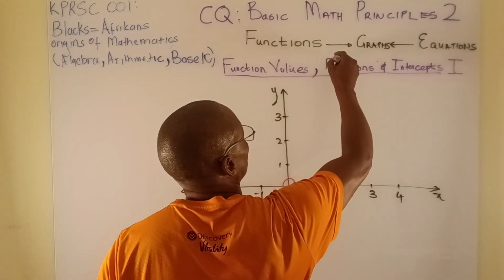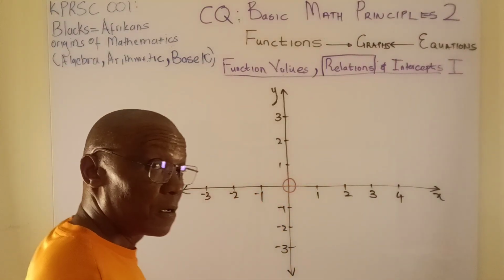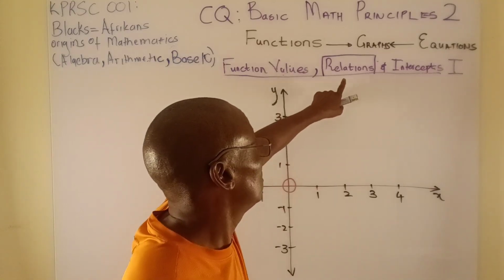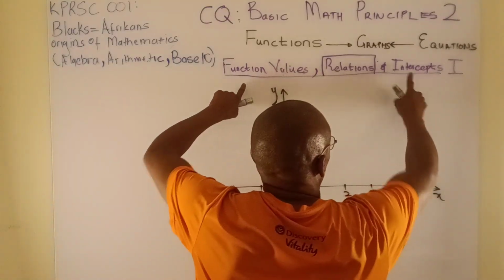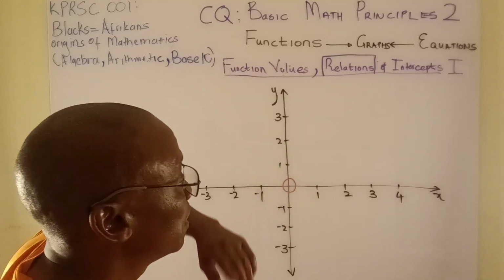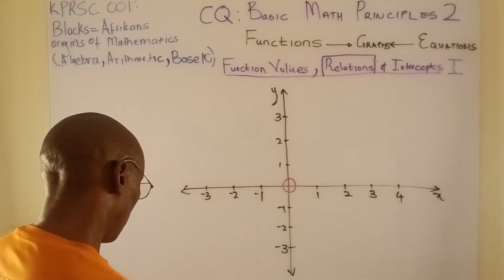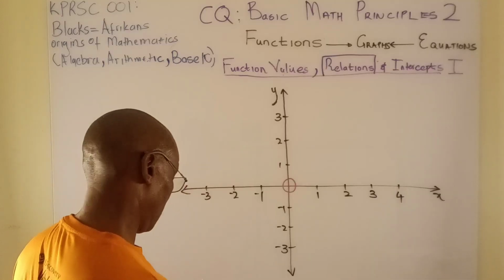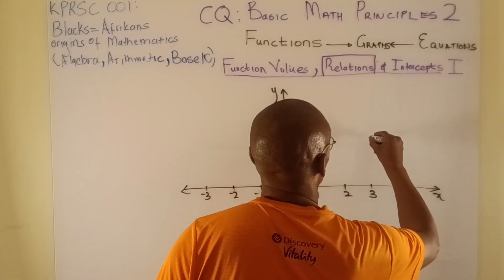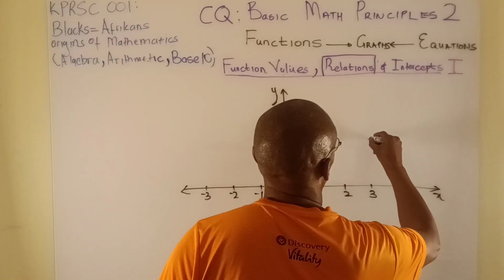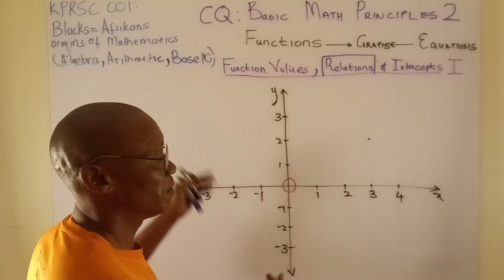And the key concept here is this one. It's the concept that is going to make us understand what we mean by the intercepts. Remember when you started with the Cartesian plane, we brought it in order to describe an object in real life using our Cartesian plane.